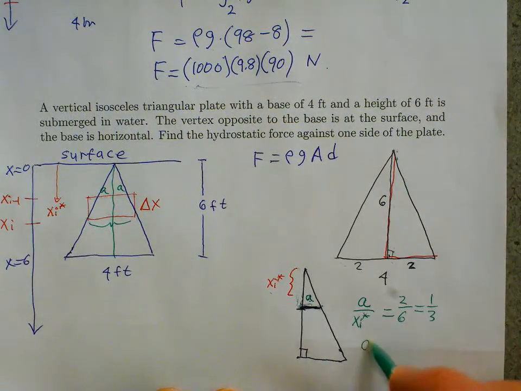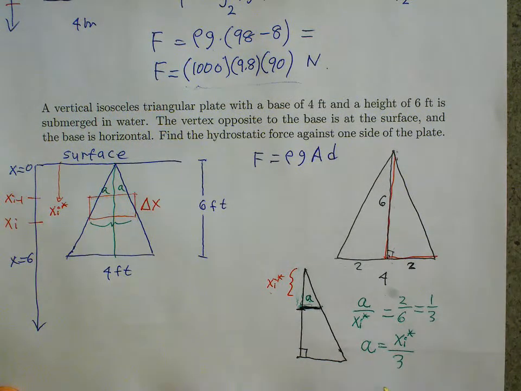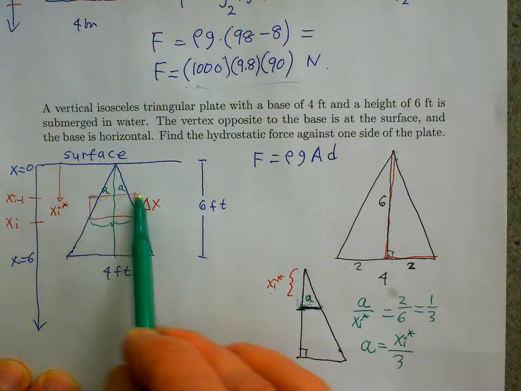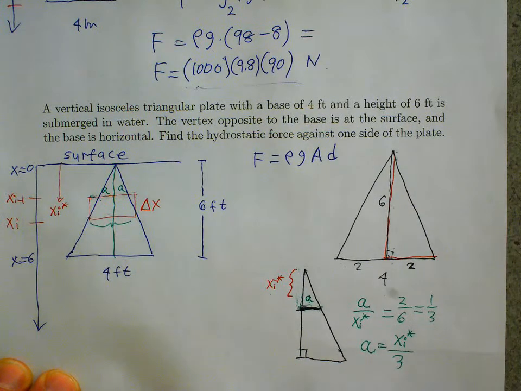And then when we solve for a, we get a is equal to x sub i star over 3. And then 2 times that amount is just 2 times x sub i star over 3, which is what the length of that rectangle is.